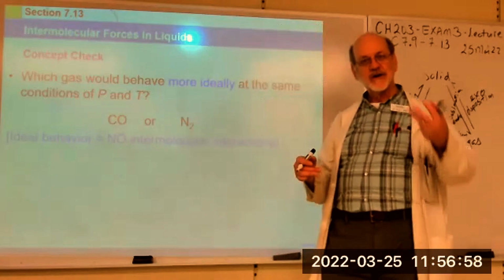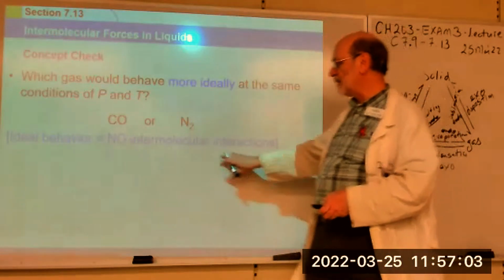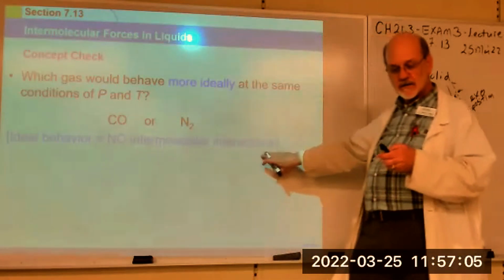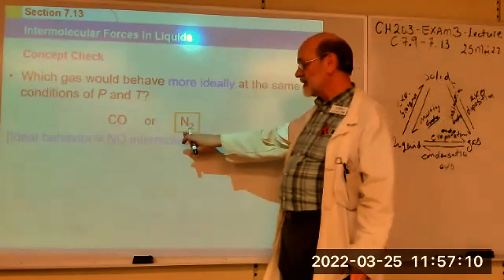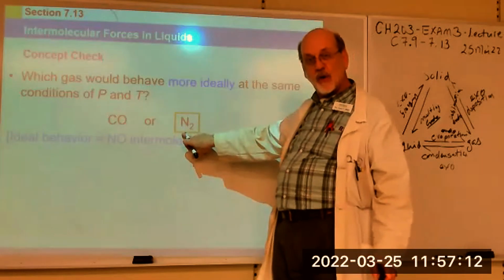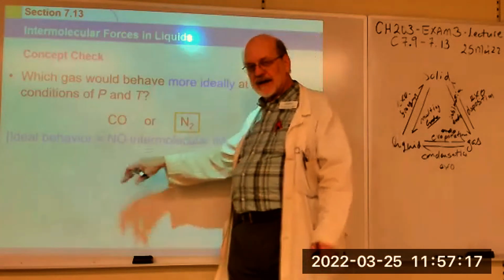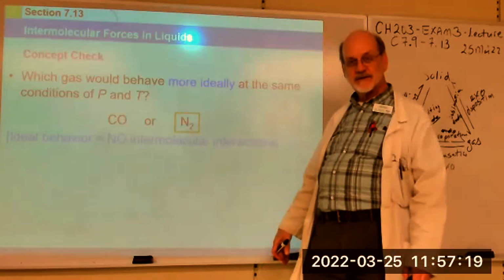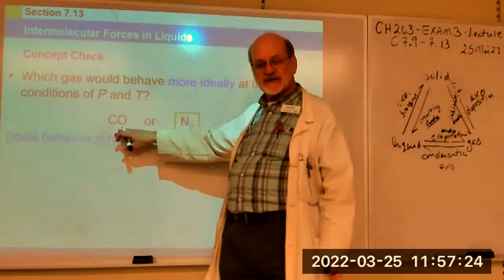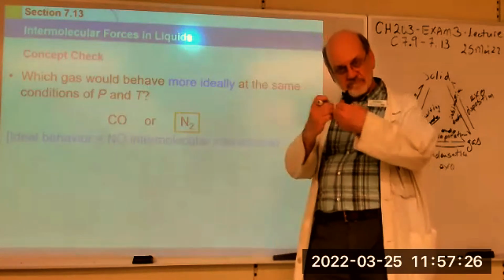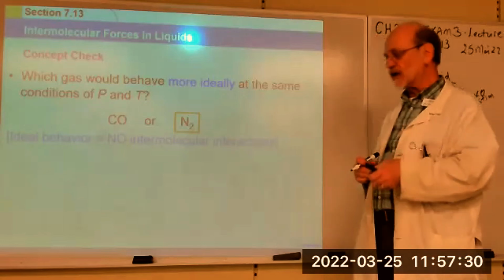So low pressure, high temperature would minimize these intermolecular forces. And in that case, since nitrogen is a nonpolar gas, it would behave more ideally. Whereas carbon monoxide does have some significant intermolecular interactions. It's a polar molecule.